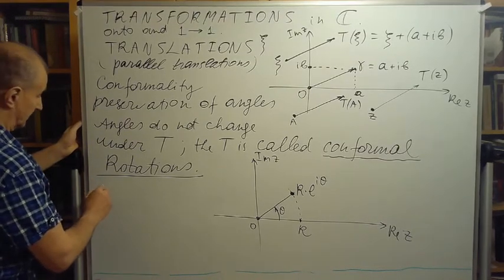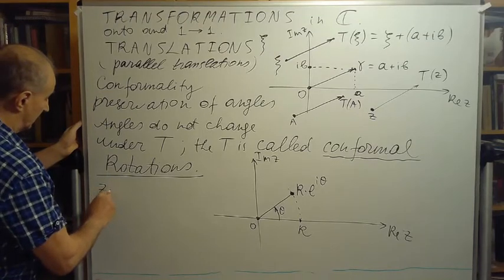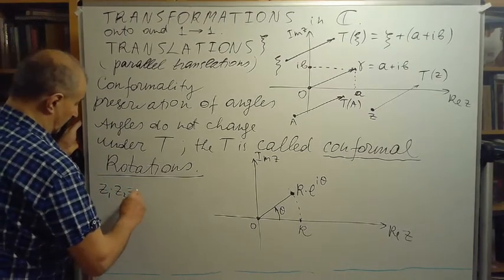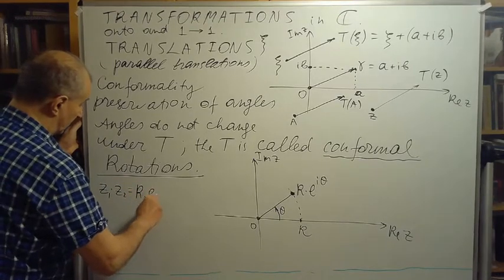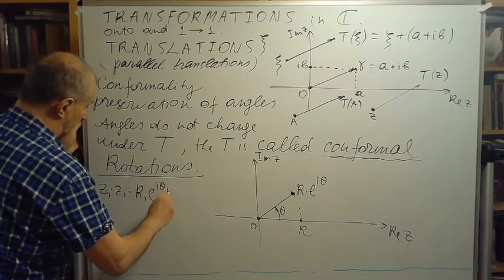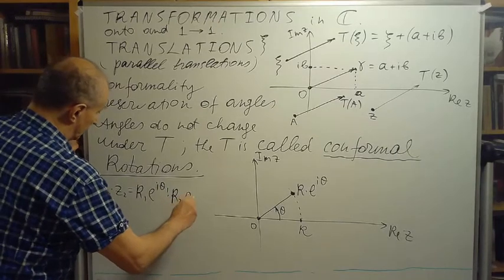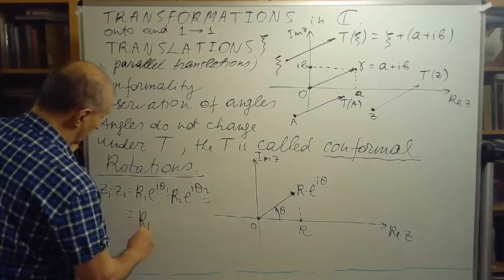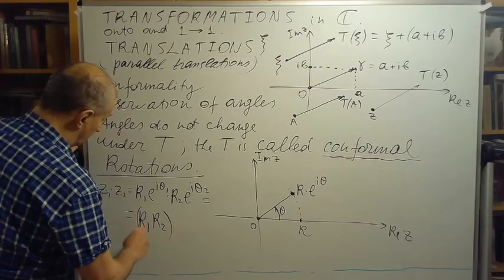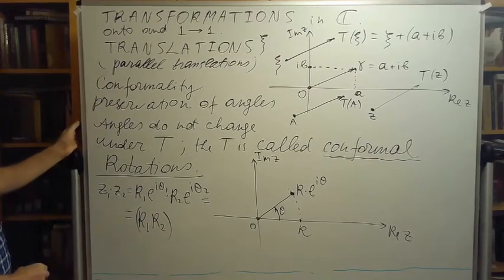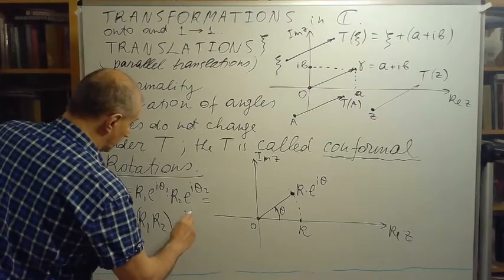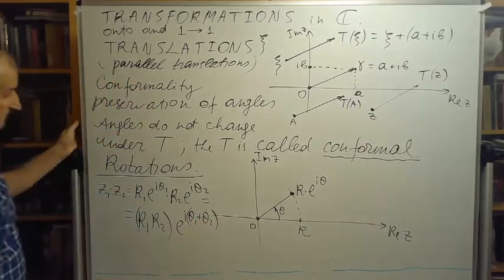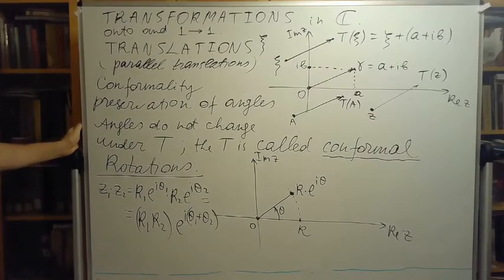So for instance, if we have complex number z1 multiplied by z2, their product will be r1 e to the power I theta 1 times r2 e to the power I theta 2, or it will be r1 r2, the modulus of the product, e to the power I theta 1 plus theta 2.